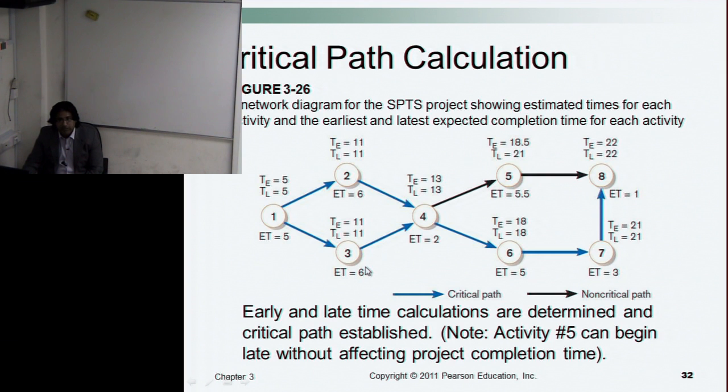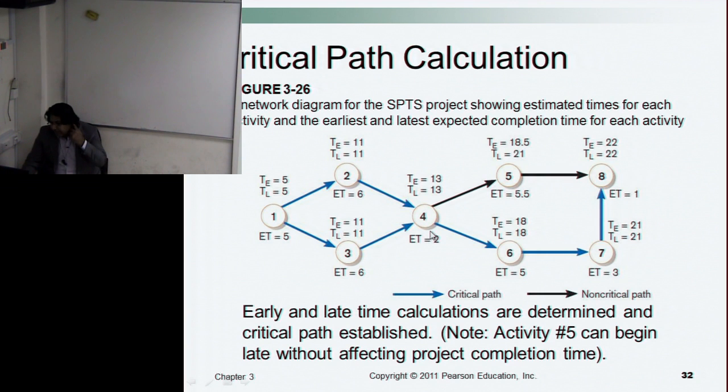Please keep in mind that it is recommended that you calculate the earliest times for all the activities which are following from activity 1, which are initiated or coming from activity 1. Now once all those activities are completed, we can go further.